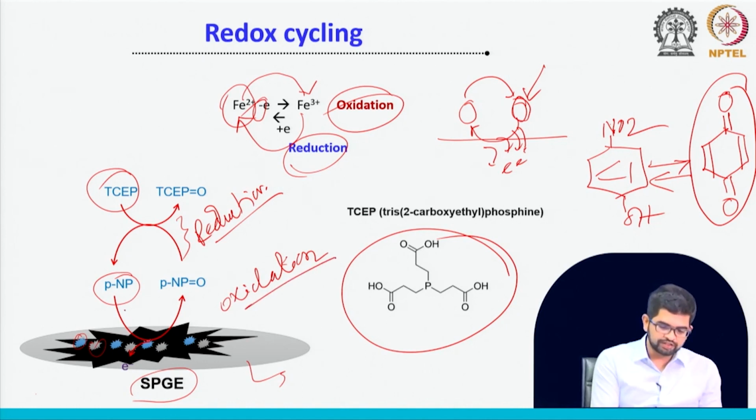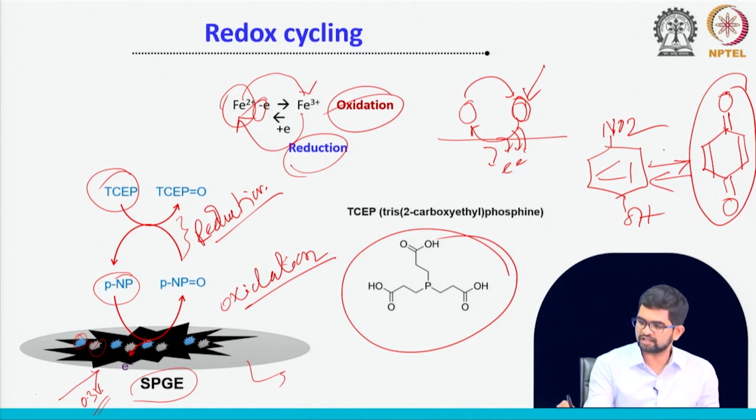This oxidation does not happen by using any chemical. We are applying some potential on the electrode surface. We can apply some positive oxidation potential, like 0.3 volt, so that it can release electrons and form the oxidized species.